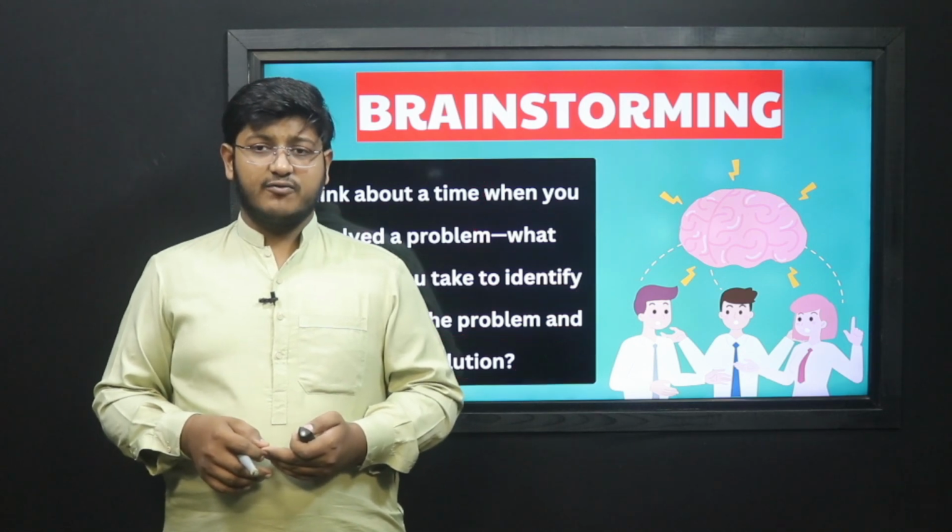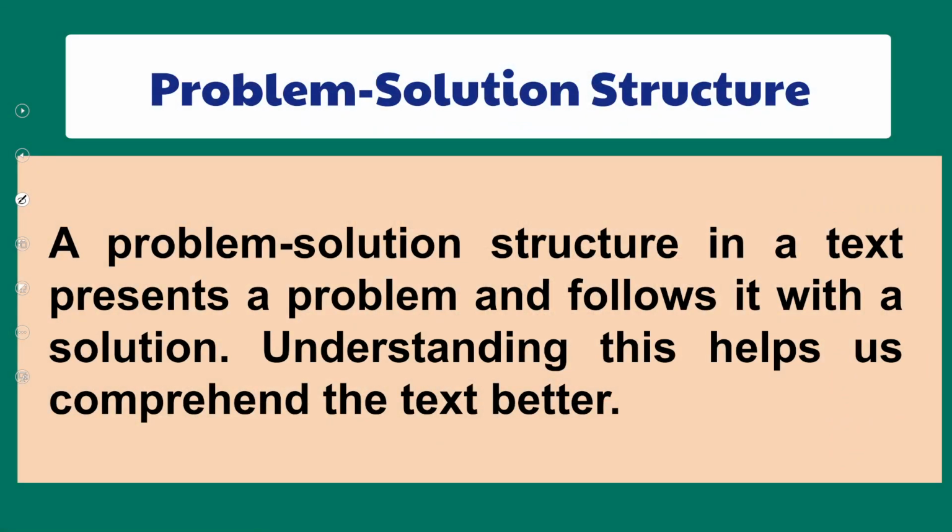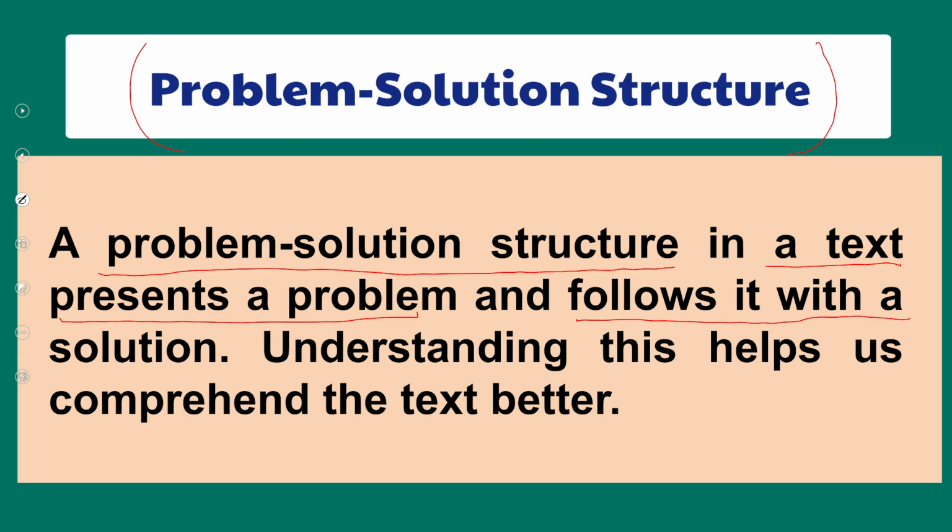Firstly, we have to identify what a problem solution structure in a text is. Understand it: a problem solution structure in a text presents a problem and follows it with a solution. Most of the time in non-fiction expository text, the writer presents a problem, like flood, and after the problem he will definitely give some suggestions or solutions.